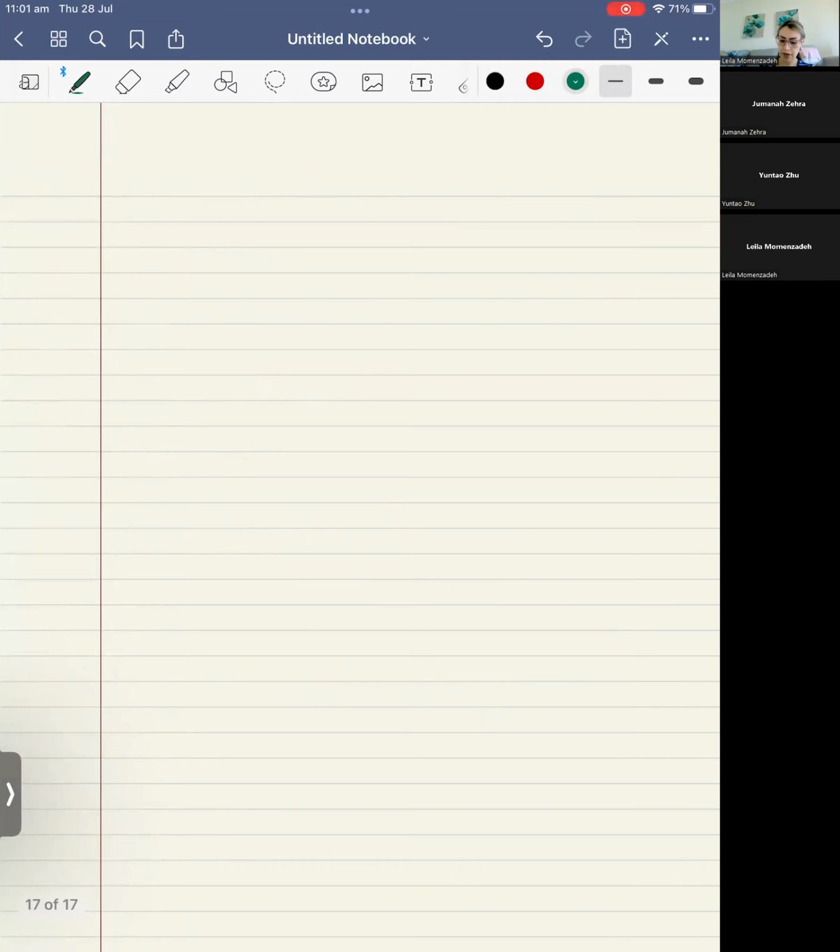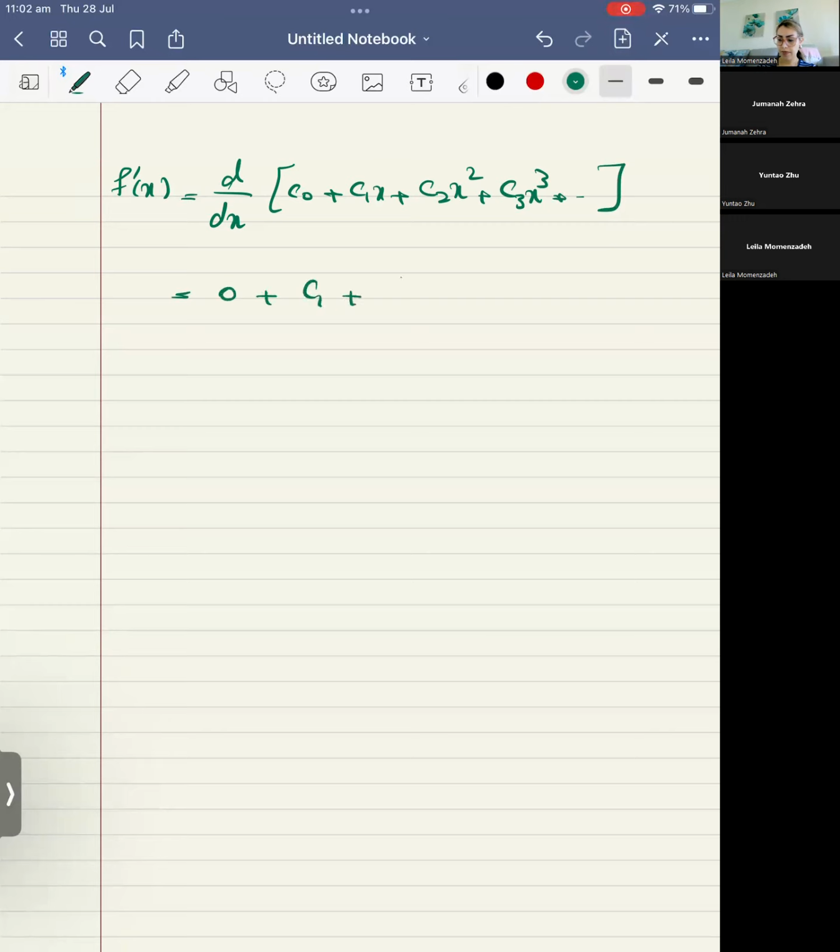I can write here f prime of x is equal to the differentiation d over dx of c0 plus c1x plus c2x squared plus c3x cubed and so on, which is equal to 0 plus c1 plus 2c2x plus 3c3x squared and so on.